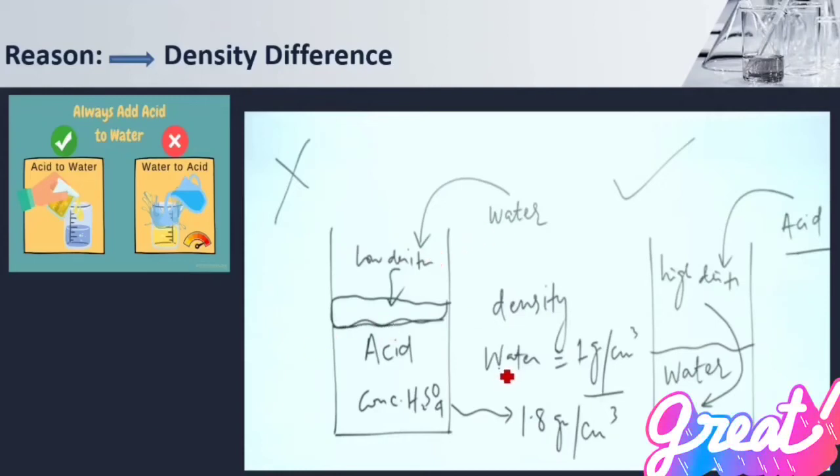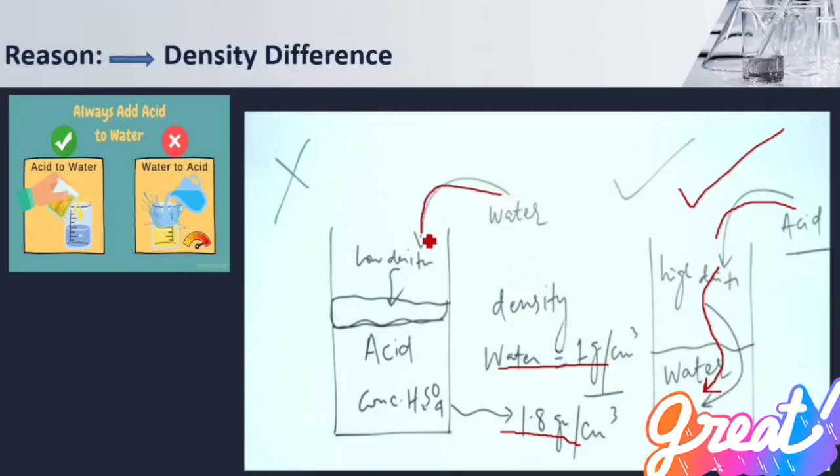Water has a low density of about 1 gram per cubic centimeter, whereas an acid has a high density of 1.8 grams per cubic centimeter. Adding acid into the water is safe because acid has high density and it sinks to the lower level of water and makes a solution with it.